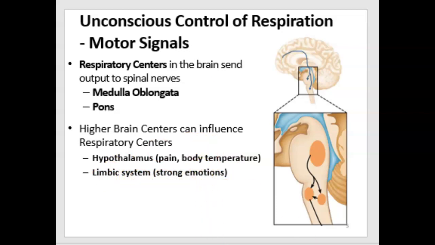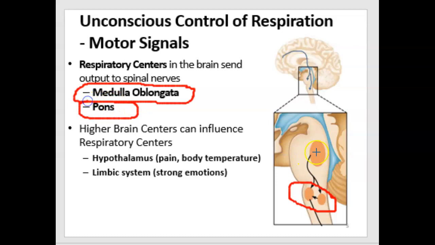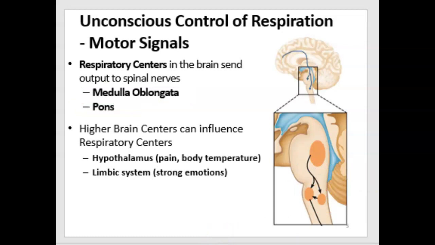But the respiratory center can function without the higher brain center, primarily in the medulla oblongata, and you can see two orange nuclei there that control breathing without our conscious thought. There's also a respiratory center in the pons, a little bit higher up, that modulates the medulla oblongata's respiratory center.